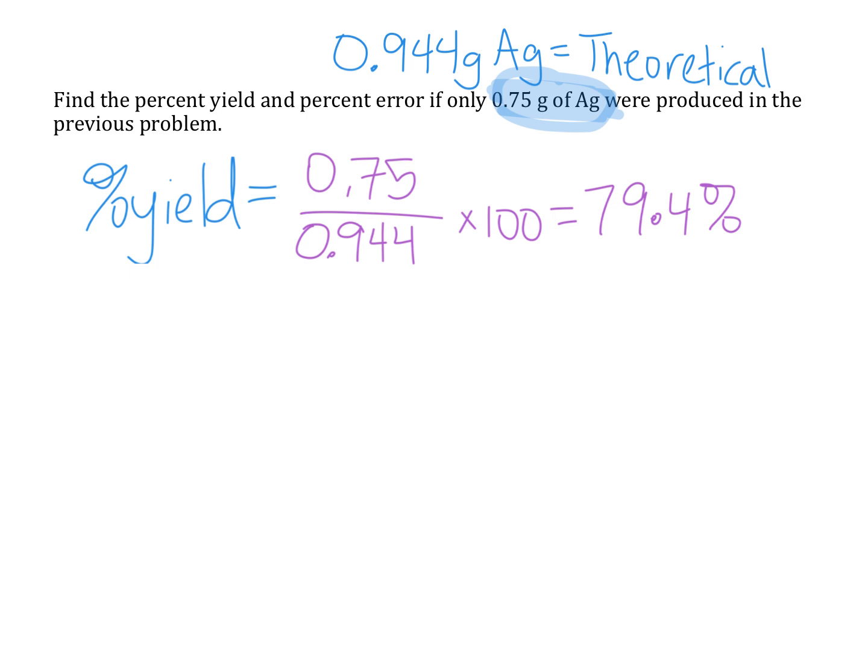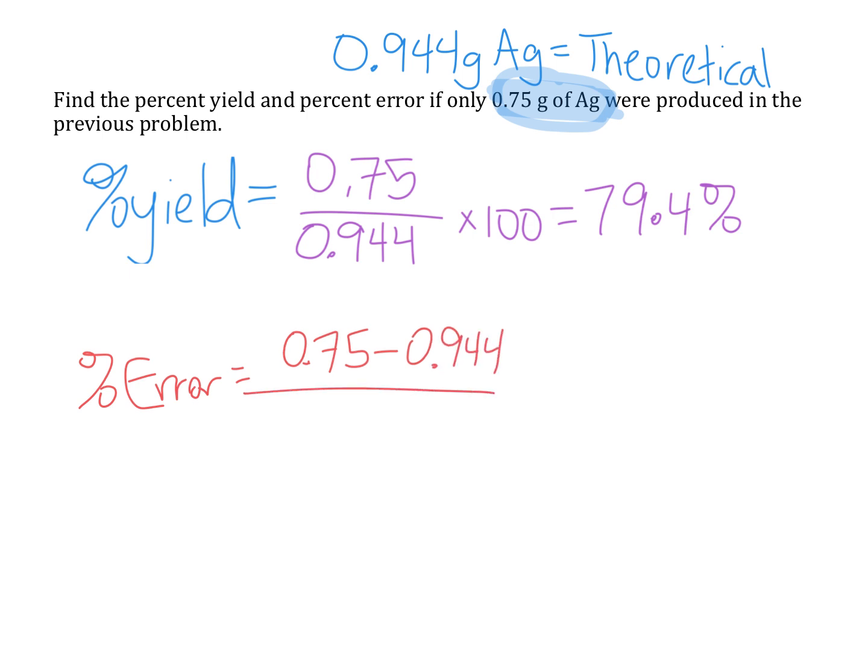It's also asking us about the percent error. So the percent error is the absolute value of actual, 0.75, minus theoretical, 0.944, divided by theoretical, and then times 100 to turn it into a percent.